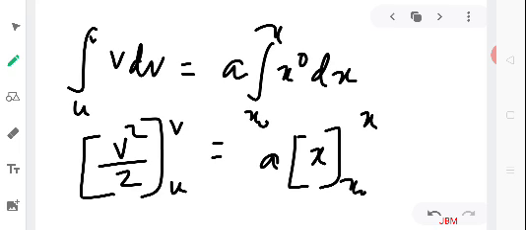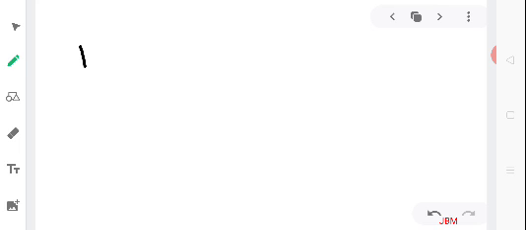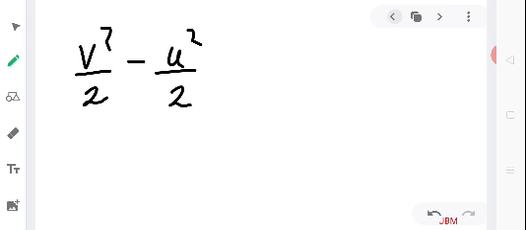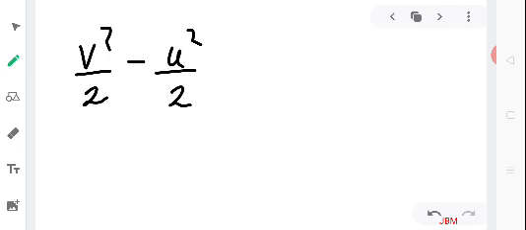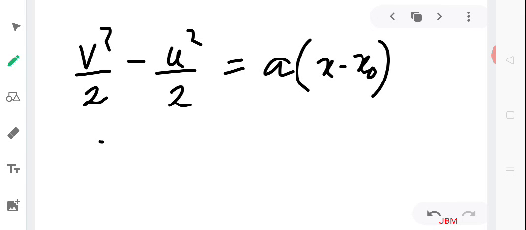So now in the next step we can write down v square by 2 minus u square by 2. How? Because first we put v in place of v, and in the next step you put u in place of v. So you get v square by 2 minus u square by 2. On the other side you get equal to a into x minus x0.